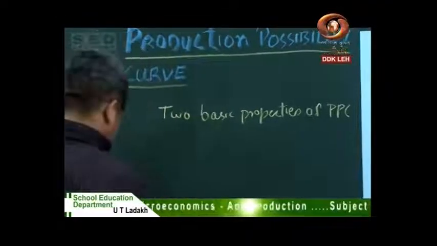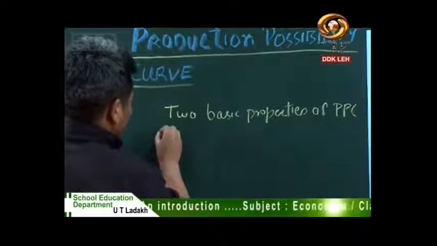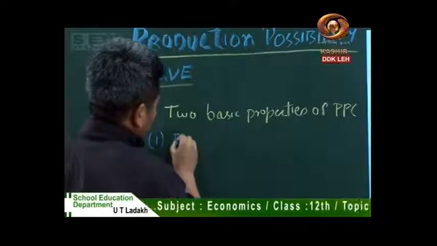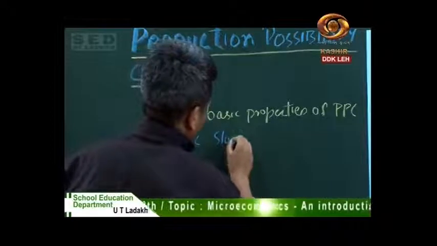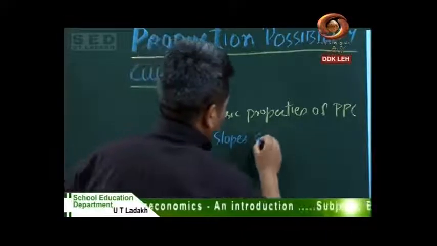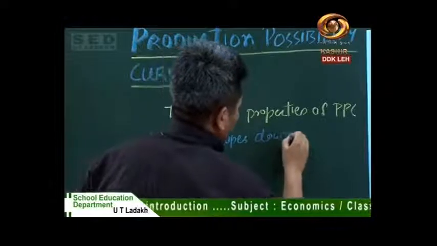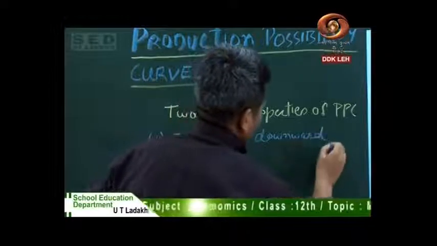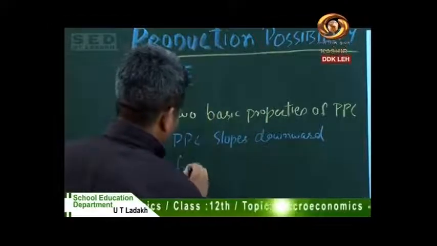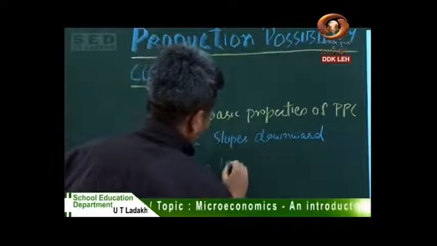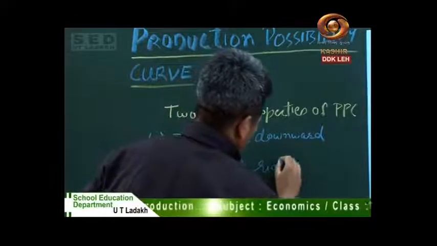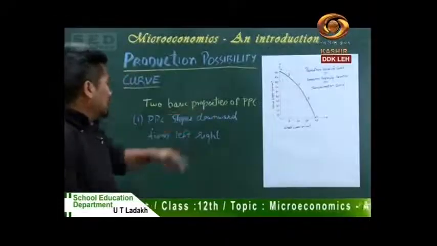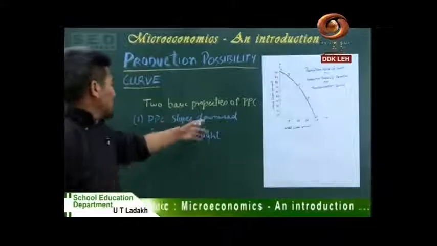The first one is that the production possibility curve slopes downward from left to right.